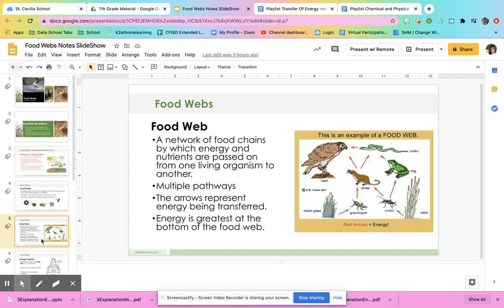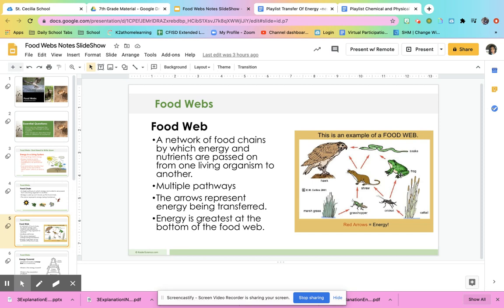So next is a food web. Here's an example of an actual food web. So a network of food chains by which energy and nutrients are passed on from one living organism to another. So you'll have multiple pathways here. So that's why this one is a little bit more complex than an actual food chain. The arrows represent energy being transferred just like in a food chain. And usually energy is the greatest at the bottom of the food web.